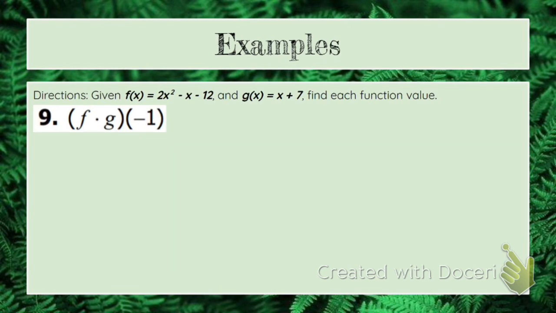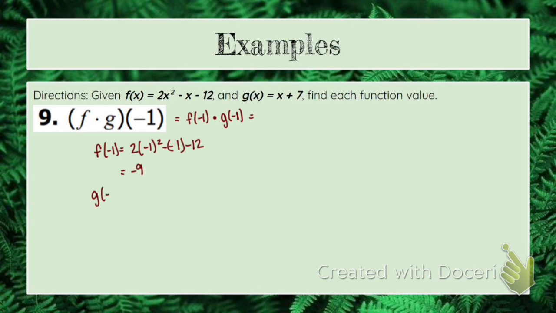So now your for real final example is f times g of negative 1. And again, it's helpful to know that this is just equal to f of negative 1 times g of negative 1. So f of negative 1 is equal to 2 times negative 1 squared minus negative 1 minus 12, which when you simplify it equals negative 9.